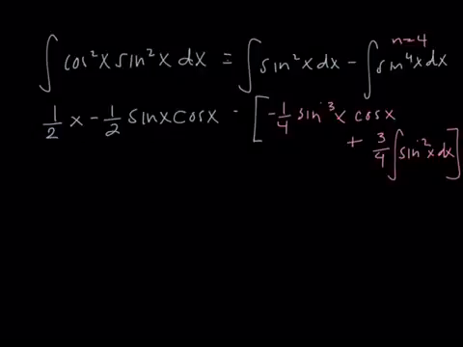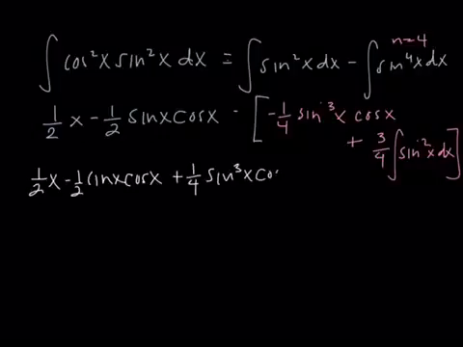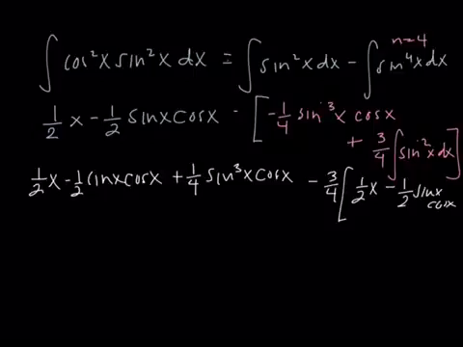So this is now 1/2 x minus 1/2 sine of x cosine of x plus 1/4 sine to the third of x cosine of x minus 3/4. And we know the integral of sine squared of x, it's once again 1/2 x minus 1/2 sine of x cosine of x.